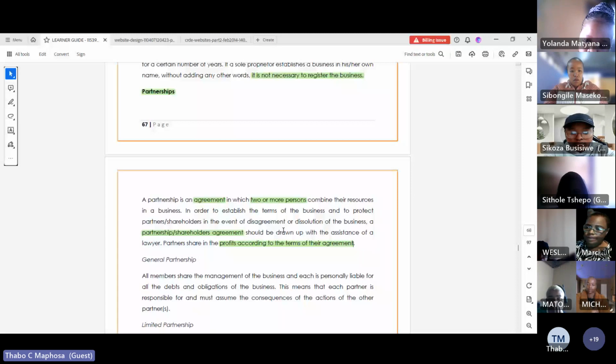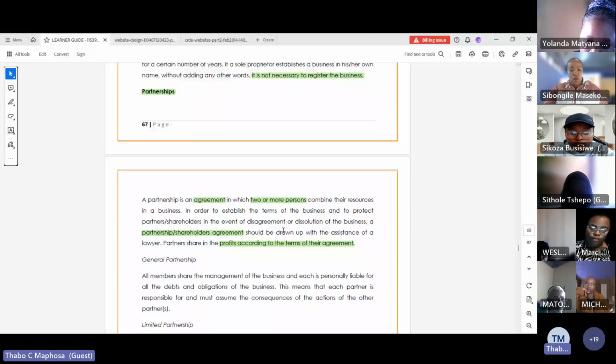But if you're running a business with someone and they take you for granted and disappear with the profits, then there's something you didn't do right, because there has to be an agreement.